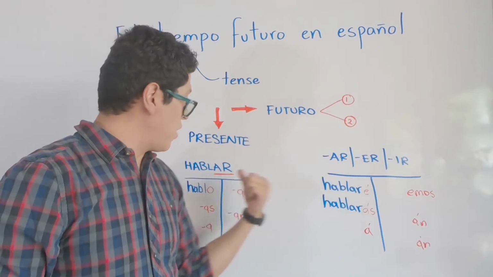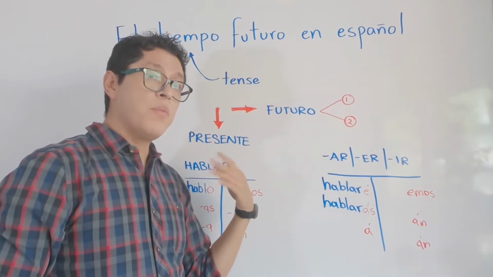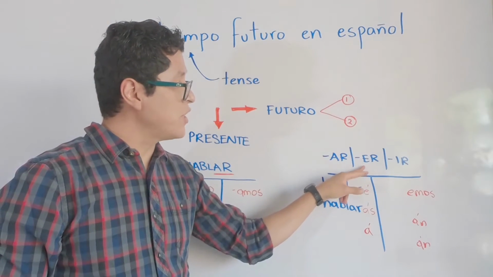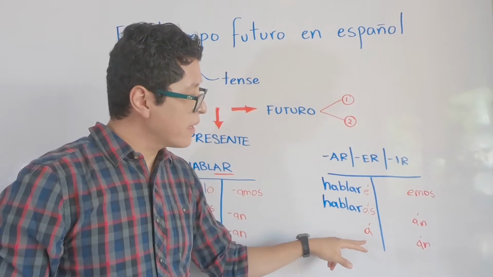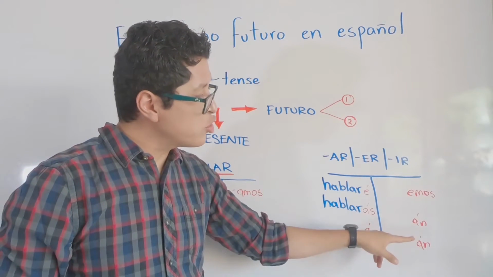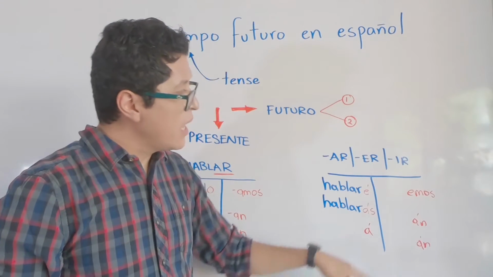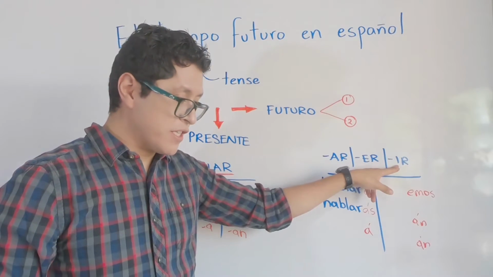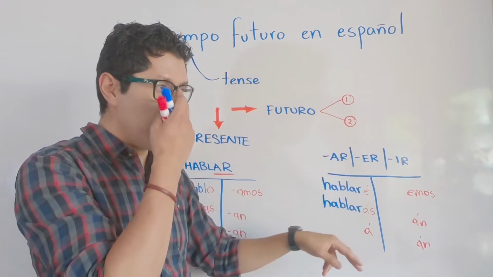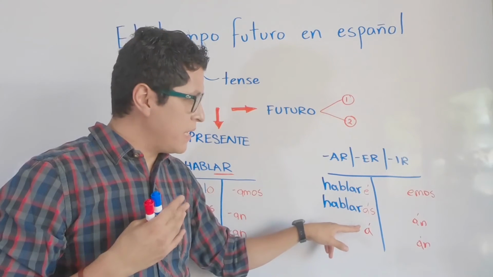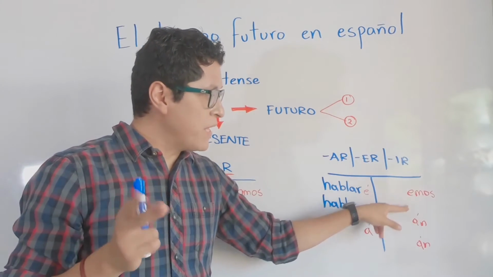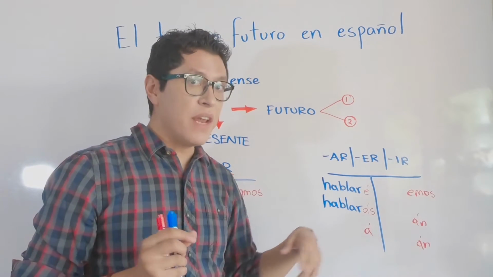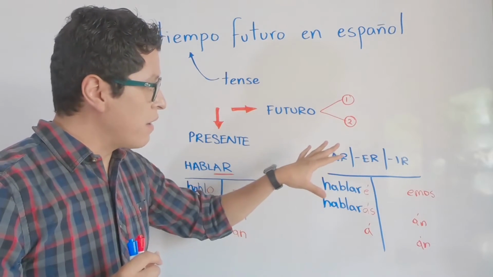So if we go back to our verb comer, you say comeré, comerás, comerá, comeremos, comerán. And with -ir, for example the verb vivir, you say viviré, vivirás, vivirá, viviremos, vivirán. So there you go. This is the future form.